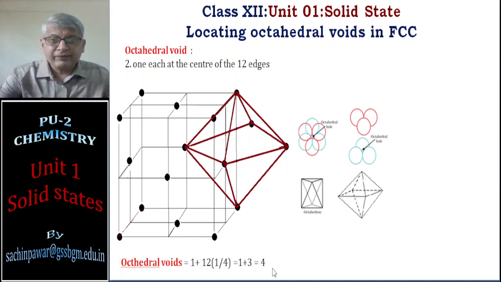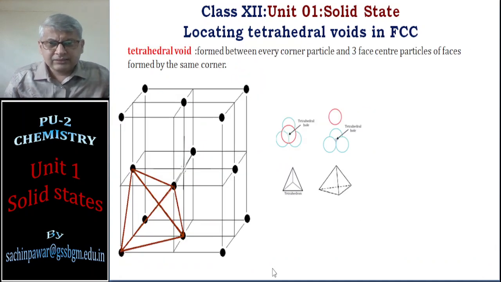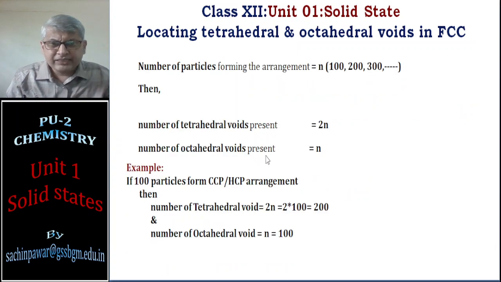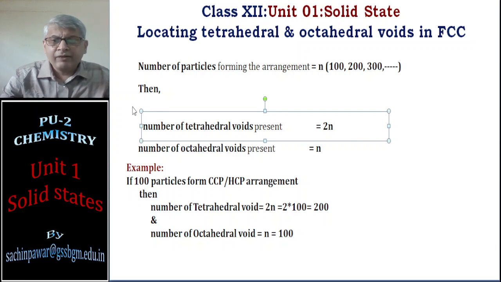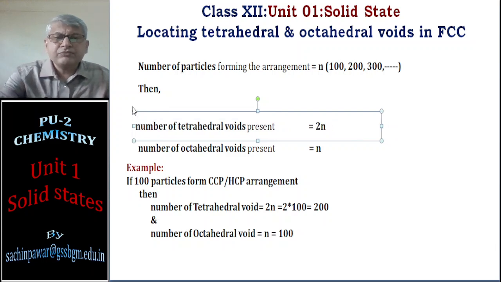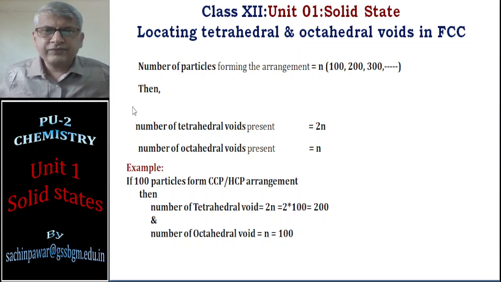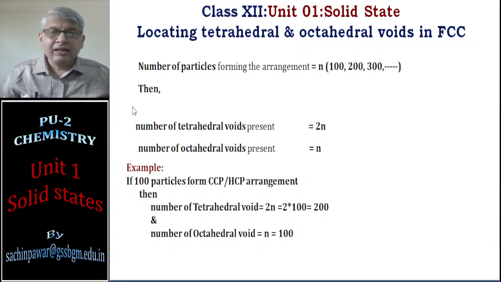However, a problem can appear on the formula which I have told, where this formula can be used to determine the structural formula of the crystal. How to do that? That we shall see by solving some problems in this class.